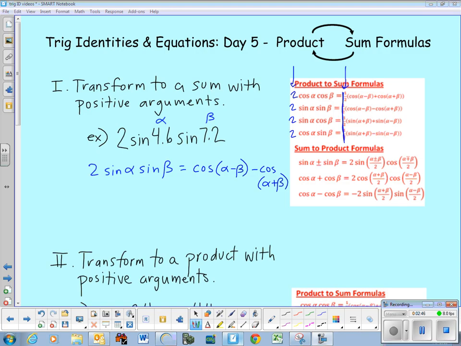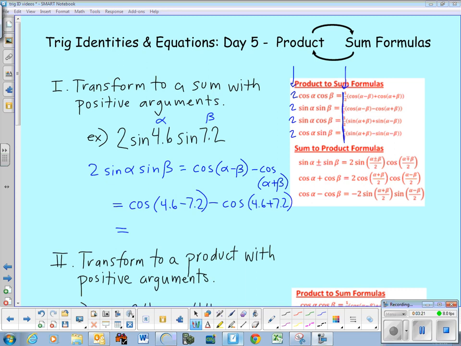So my expression should be equal to the cosine of alpha minus beta. So that's the cosine of 4.6 minus 7.2 minus the cosine of alpha plus beta, 4.6 plus 7.2. And really, I've just substituted in numbers in their place right now. Nothing fancy has happened. 4.6 minus 7.2, I should be able to do that real quickly.